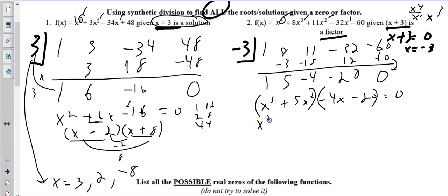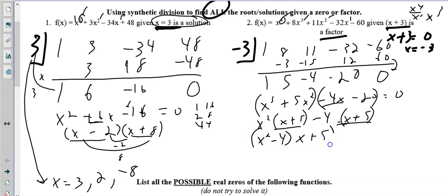I'm going to take out an x squared here. That's going to give me x plus 5. I should end up with x plus 5 here. They should be the same. Okay? What do I need to take out? Well, negative 4x divided by x is negative 4. Negative 20 divided by negative 4 is 5. It works. So that's x squared minus 4, x plus 5.